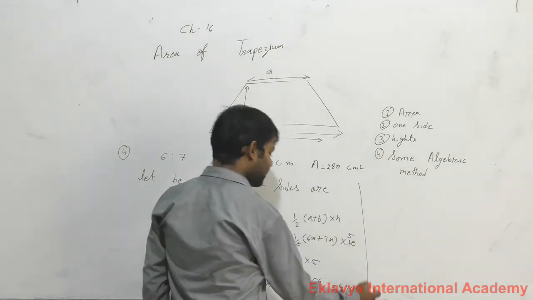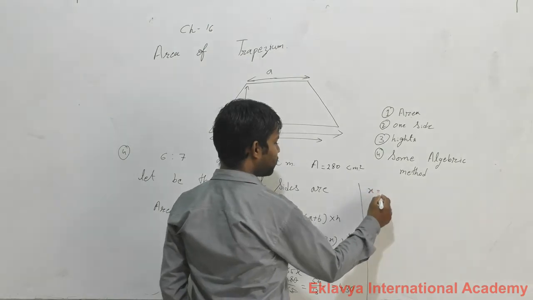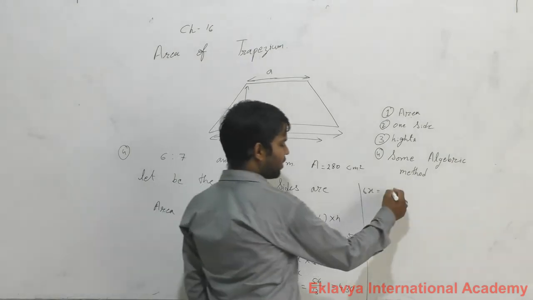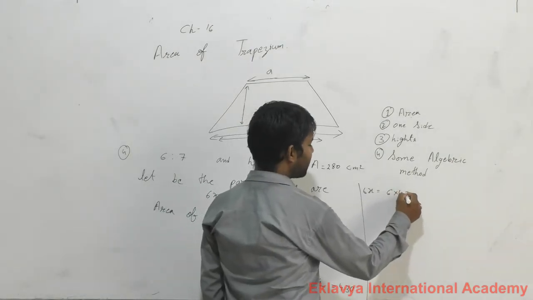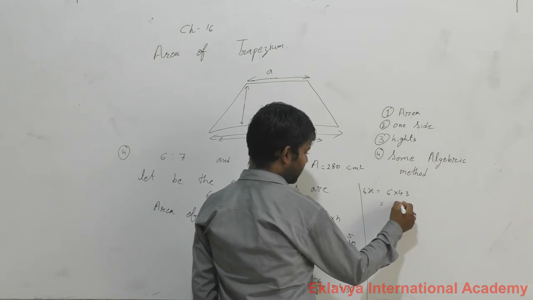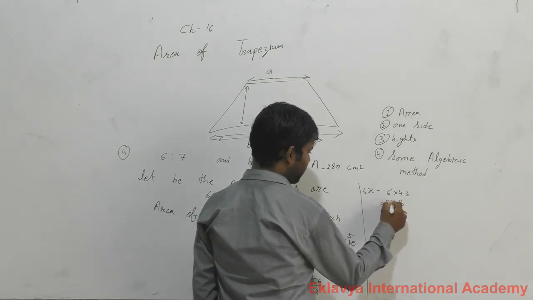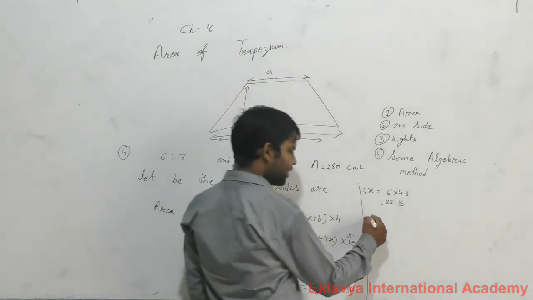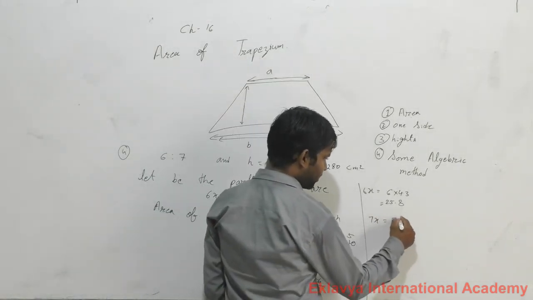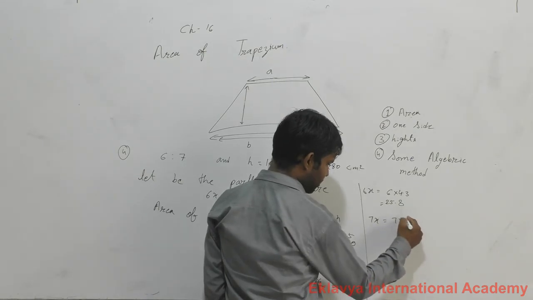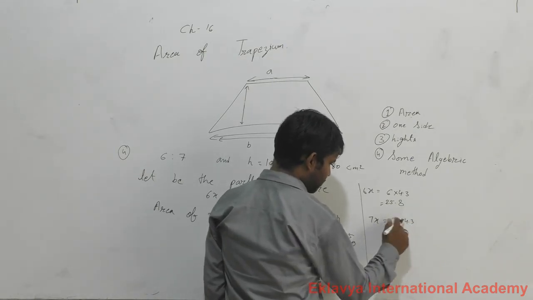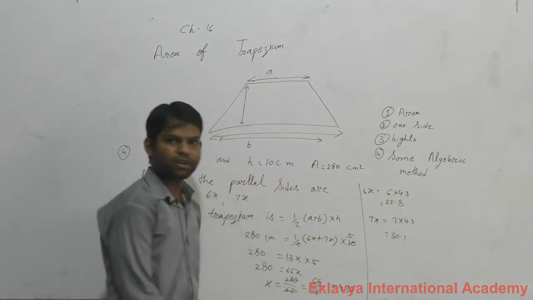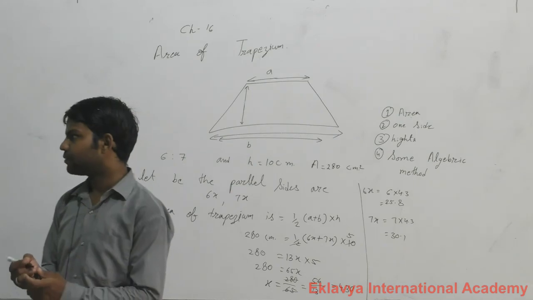So parallel sides: first one is 6x, then 6 multiplied by 4.3. What we got? 6 3 ja 18, 6 4 ja 24, 1, 25.8. Second parallel side is 7x, then 7 multiplied by 4.3, 7 3 ja 21, 7 4 ja 28 to 30.1. Understand?